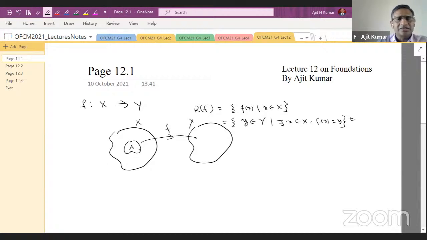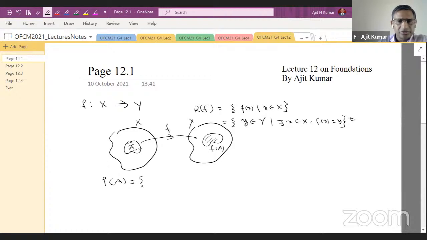A is a subset of X. We want to define what is the meaning of f of A, the image of elements from A. So it should be a subset of Y, some subset here. This is f of A. So how do we define it? What should be the definition?